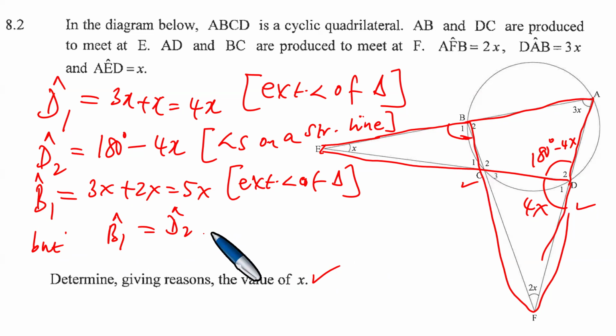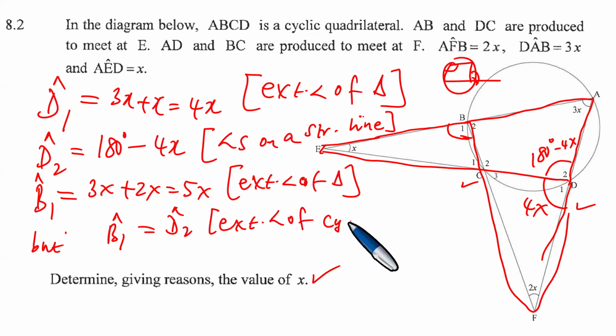Because at grade 11, we're taught that if there is a quad like this, then the exterior angle is equal to the interior opposite angle. So in the end, the angle B1 is equal to the angle D2, exterior angle of cyclic quad.